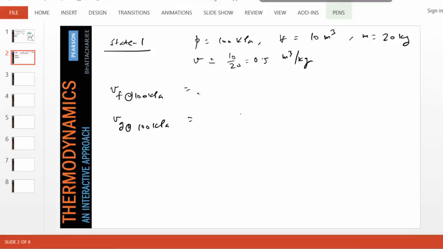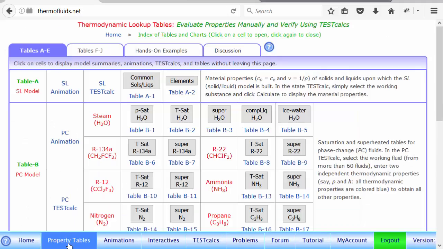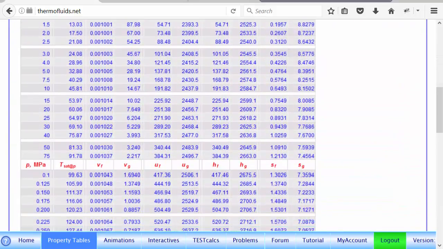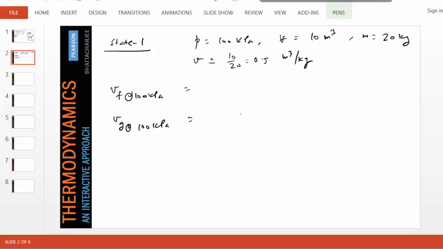To find that, we go to the property tables, and because pressure is known, we go to the saturation pressure table and look for the 100 kPa line, which is 0.1. So we can pick up Vf and Vg. You must have already had enough practice on that, so I'm just going to write down the numbers here without the units. Vg will be 1.69.